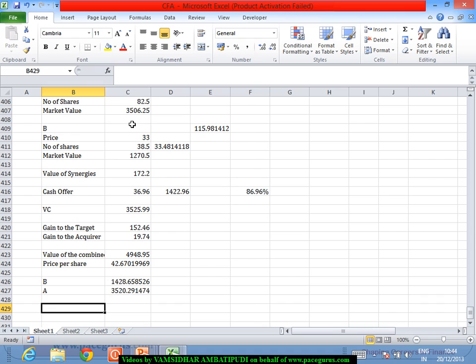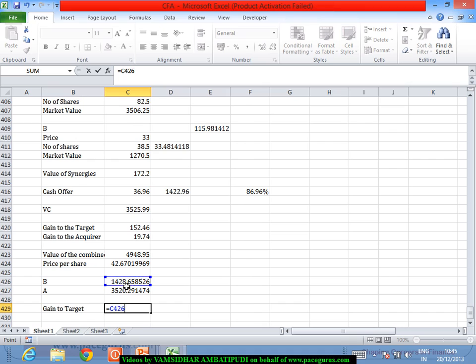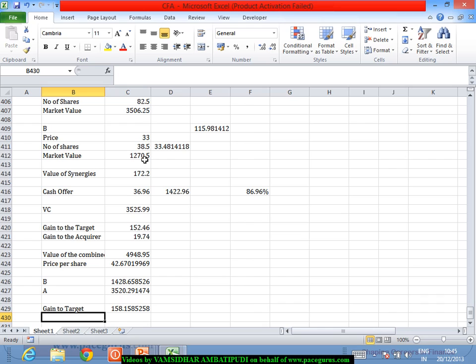Based on this, the gain to the target is that they are getting 1428 million, but their value is 1270 million, working out to 158 million.